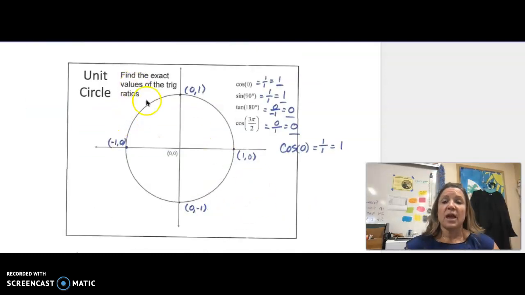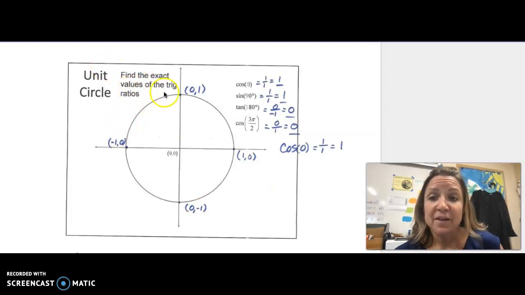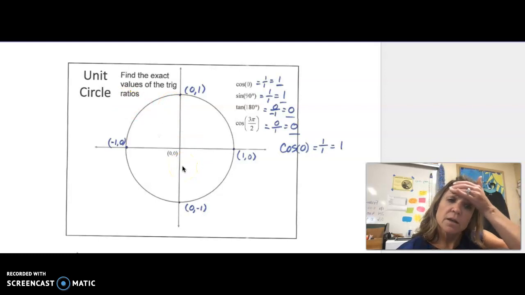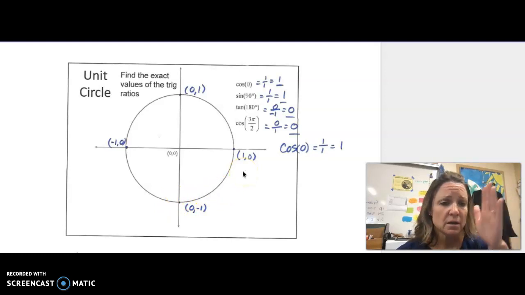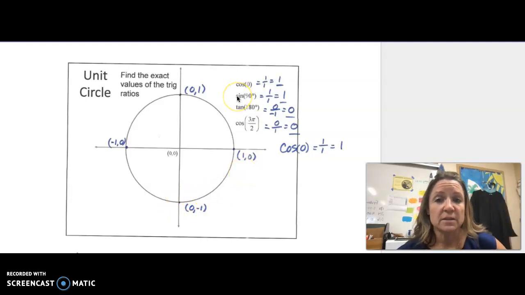All right, we're going to be asked to find the exact values of the trig ratios based on these 4 points. So we have a point here at (1, 0), a point up here at (0, 1), a point over here at (-1, 0), and a point down here at (0, -1). Okay, just depends on where it's on each axis.